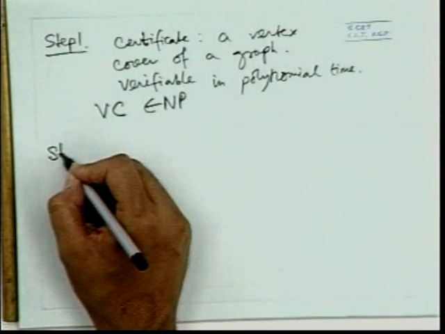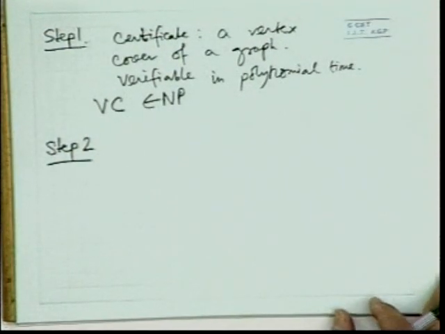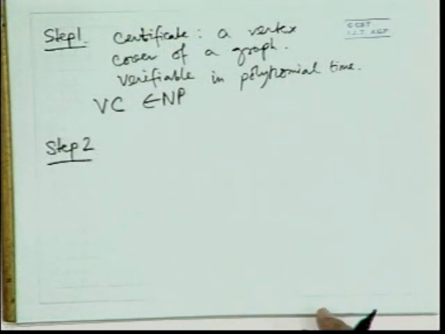Now comes the difficult part, step 2. First of all, we have to choose one problem from known NP complete problems. So which one will you choose here? Sorry? N minus k vertices are independent set. Very good. So he has told you the solution. Observe this. This is the observation.